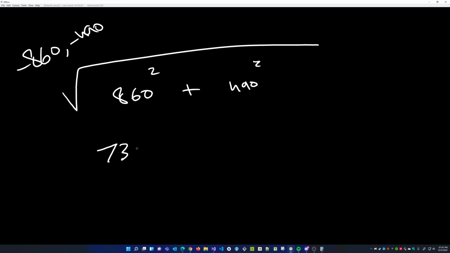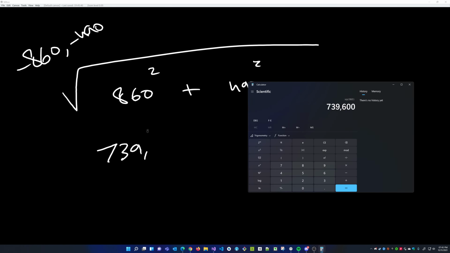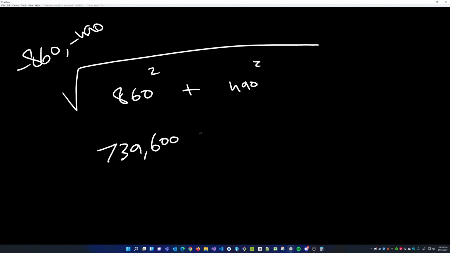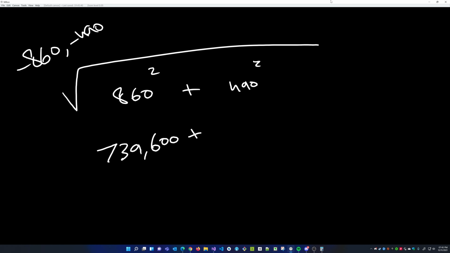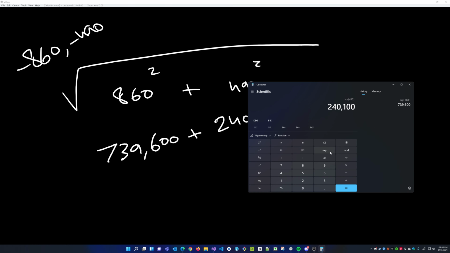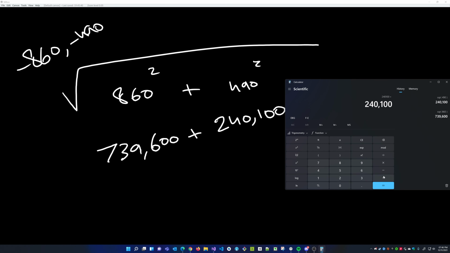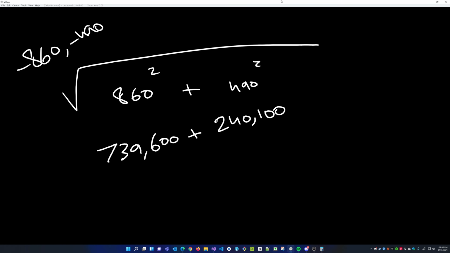739,600, plus 490 squared. That's 240,100. Right, let's add these two numbers together. So 240,100 plus 739,600. That's 979,700. 979,700.